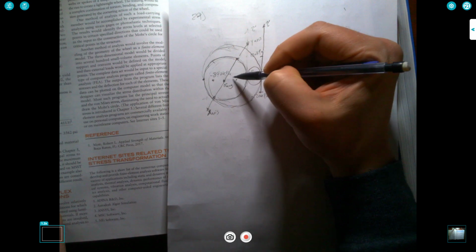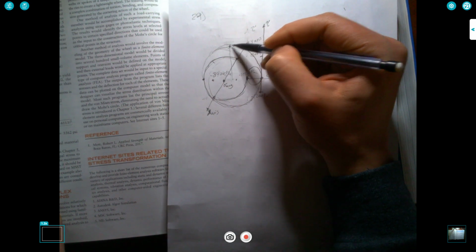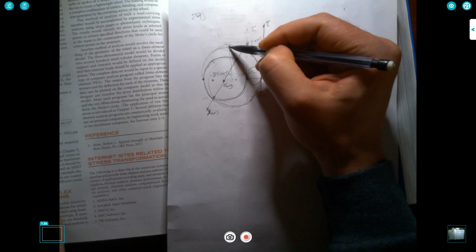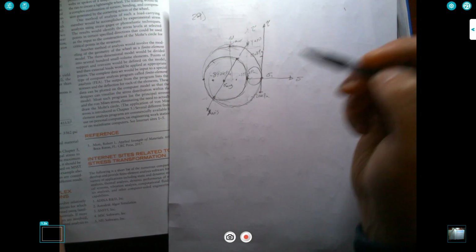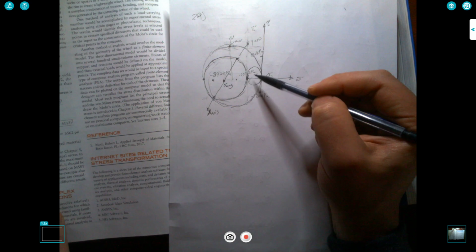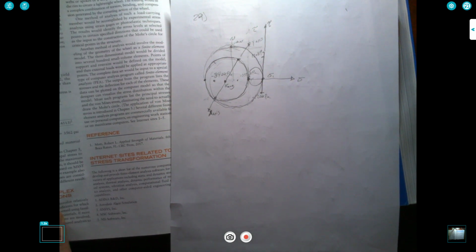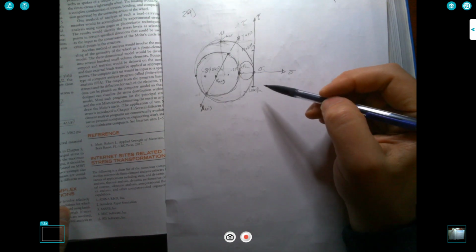And now our max shear that we look at, a max point that we come to on here is going to be higher than if we weren't thinking of that third axis. So we have to think of that axis even if it is 0 in this case.